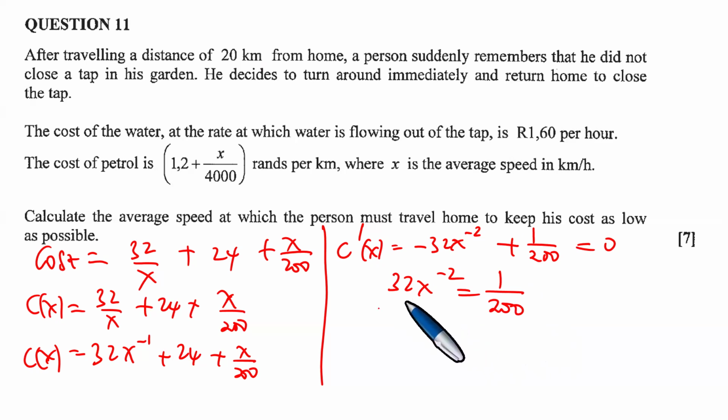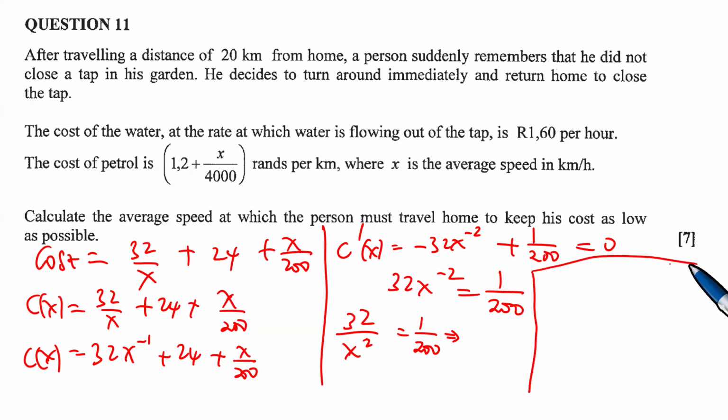We cross multiply: 32x squared, 200 by this. So now we have x squared by 1, which is x squared, and 200 by 32, which is 6,400.